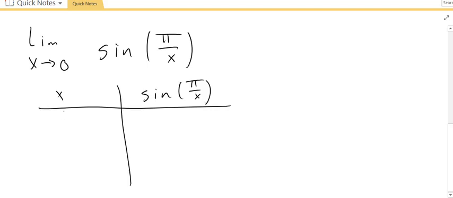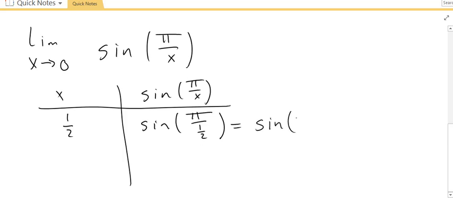If we do the same analysis and I start with 0.5 or 1/2, then what I'm going to get is sine of pi over 1/2. And if you remember how fractions work, this is the same thing as sine of 2 pi. And so we just get 0 here because sine of 2 pi is 0.